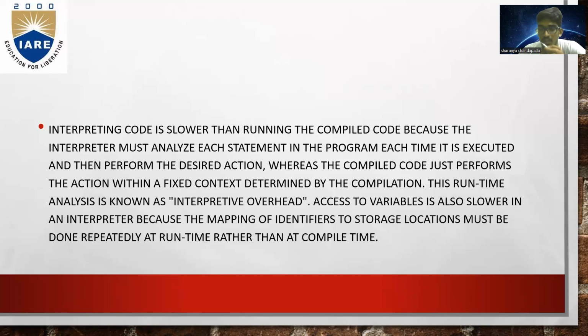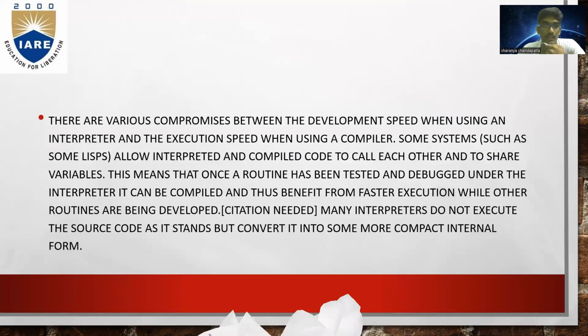Access to variables is also slower in an interpreter because the mapping of identifiers to storage locations must be done repeatedly at runtime rather than at compile time. There are various compromises between the development speed when using an interpreter and the execution speed when using a compiler.